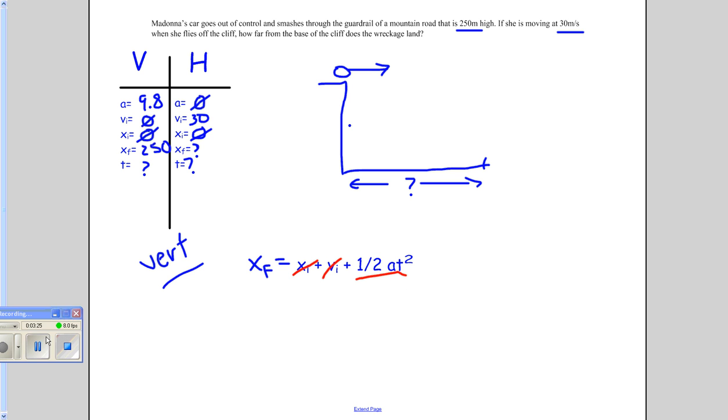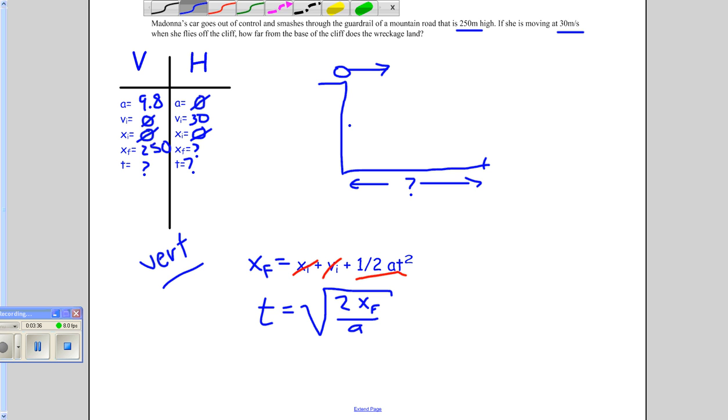We do some algebra, and we solve for time, and we get time is equal to the square root of 2xf over a. Now we plug in our numbers, so this is again why we organize it, because now we can look at our numbers and say, okay, we have a square root. I'm dealing with vertical, so I'll make sure that I only use vertical numbers.